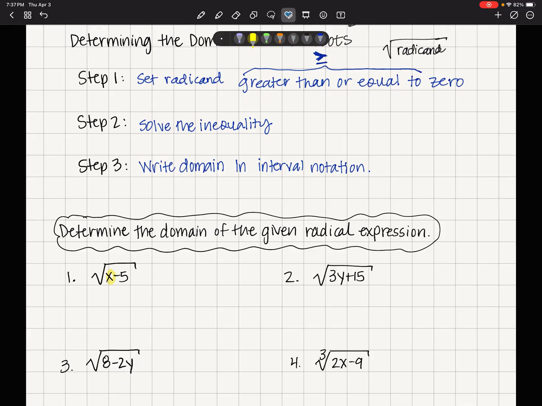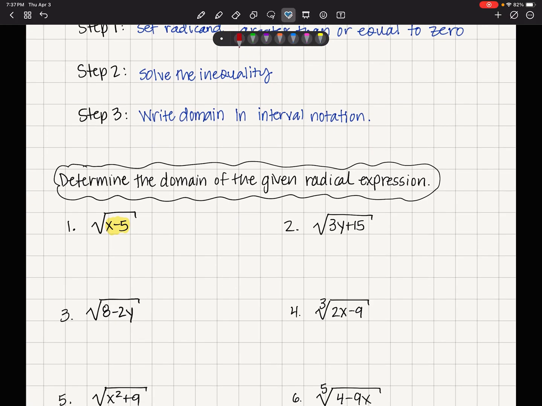First thing I'm going to do is highlight the radicand. The radicand in number 1 is x minus 5. I am going to take that radicand, x minus 5, and set it greater than or equal to 0. I'm going to solve that inequality by adding 5 to both sides.